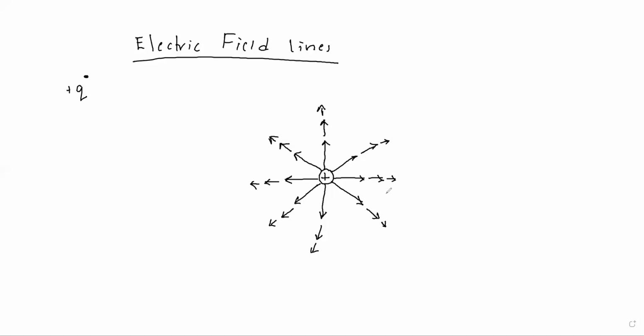Hence it is represented by the greater length. As we see, the strength of the electric field is decreasing. Why does it decrease? As we go far away from the electric charge, the strength of the electric field also decreases. In general, we can conclude that the direction of the electric field is outward.